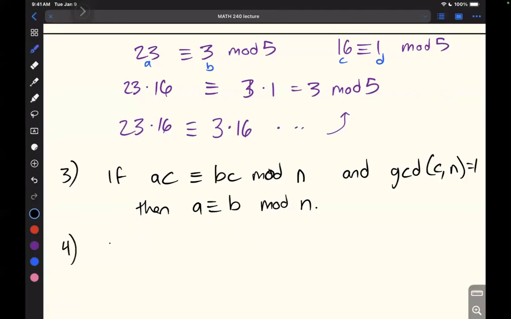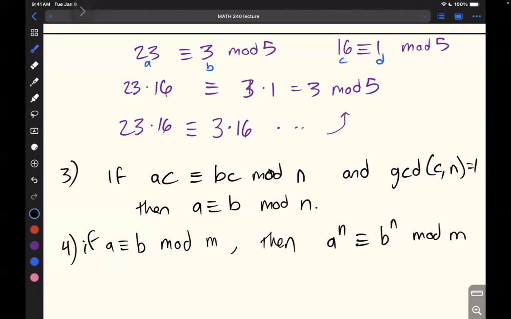And then number 4, A is congruent to B mod, we're back to M. If this is true, then A to the N is congruent to B to the N mod M, for any natural number.